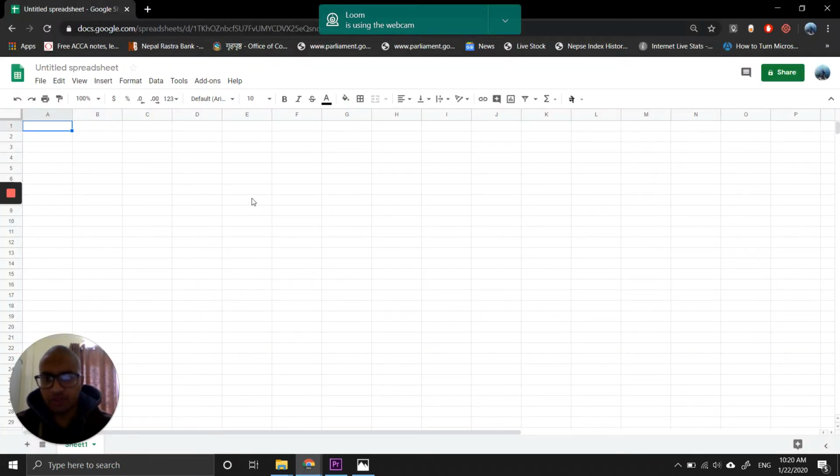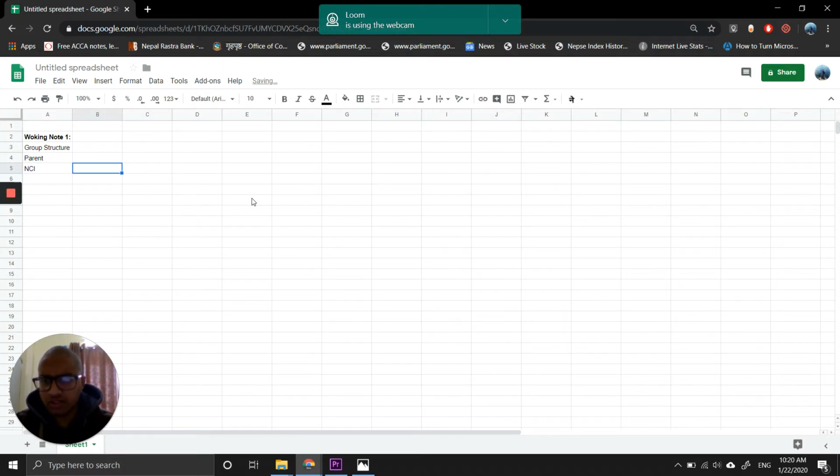So what we will particularly do is working note 1, which will be our group structure. Right, so parent, and then NCI.